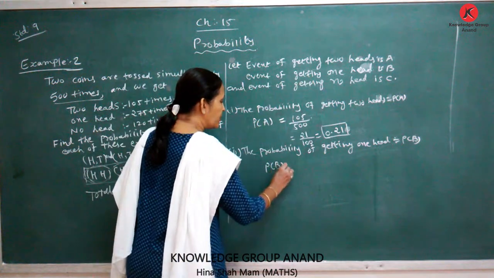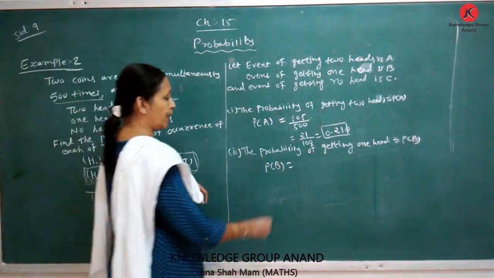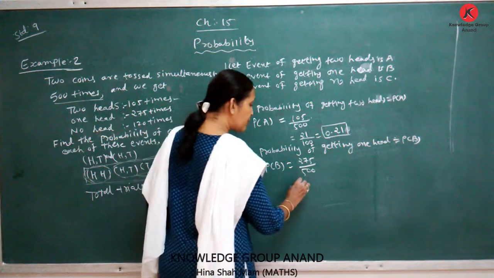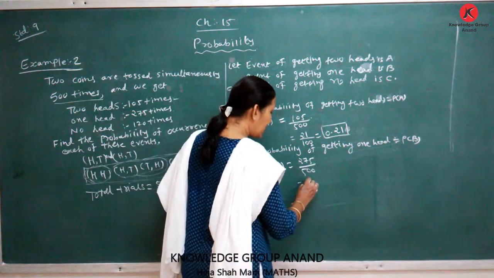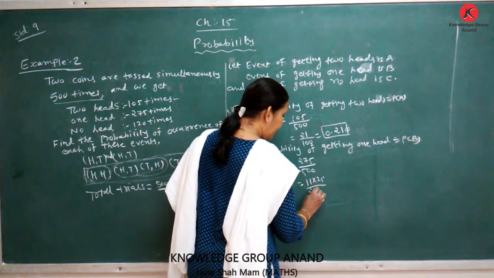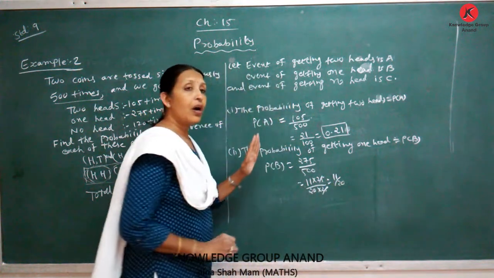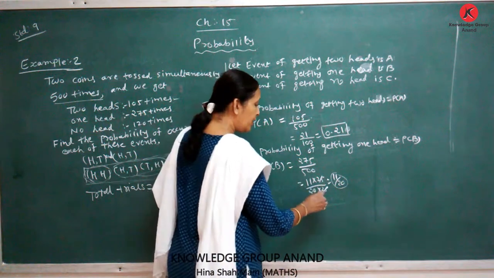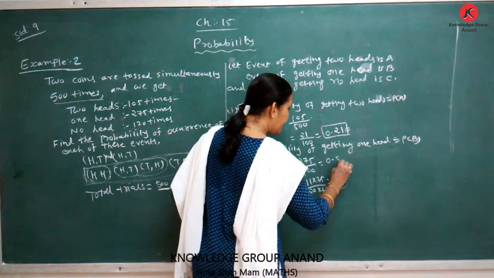P(B) is equal to, how many times do we get 1 head? 275 times. 275 divided by 500 is equal to 11 upon 20 in simplest form, or 0.55.